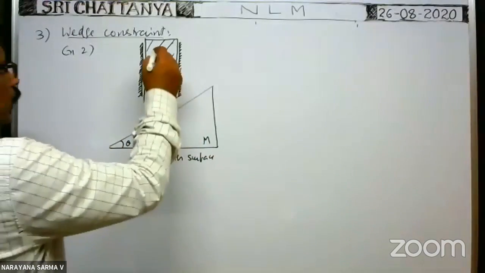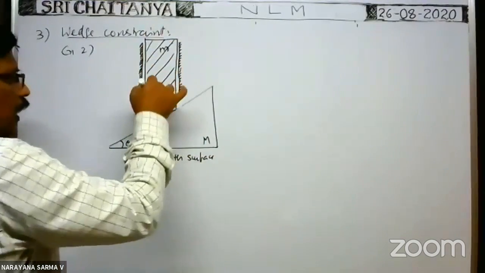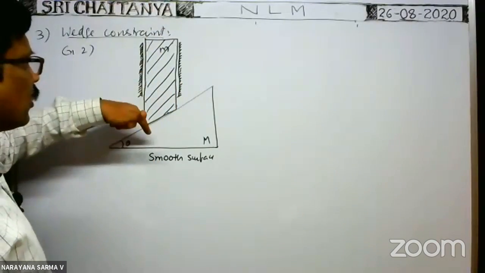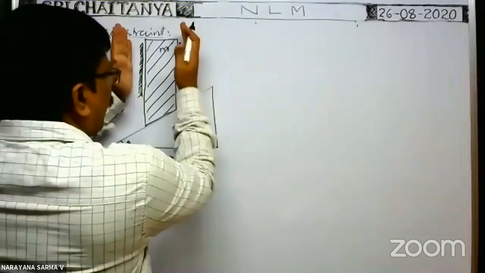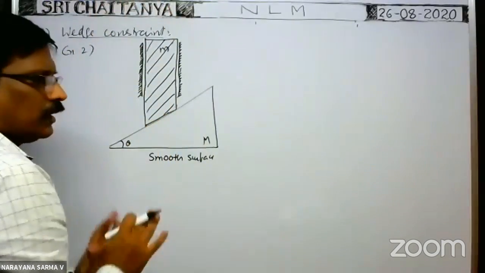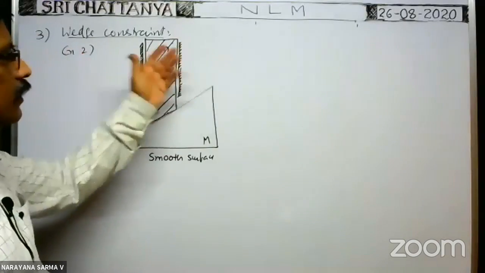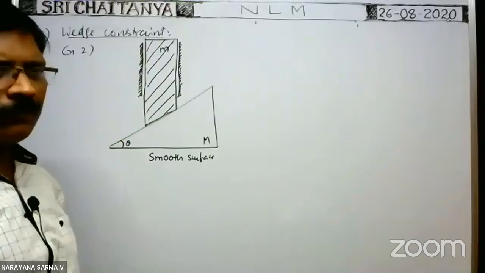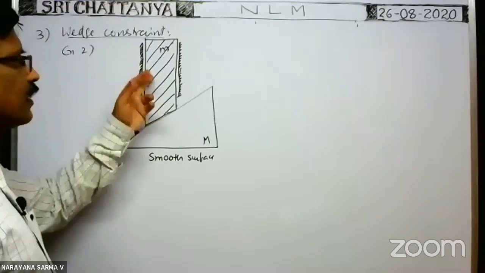The mass of this block is m. Here this block is restricted to move only along the vertical direction because it is fixed between two rigid walls, so that it can move freely along the vertical direction only. It has no motion along the horizontal direction. That means the motion of this body is restricted.